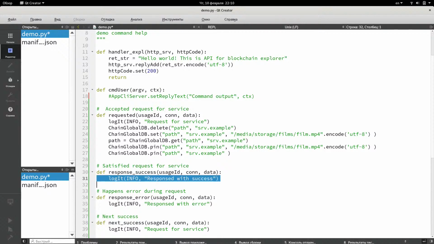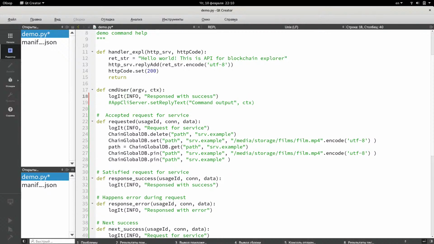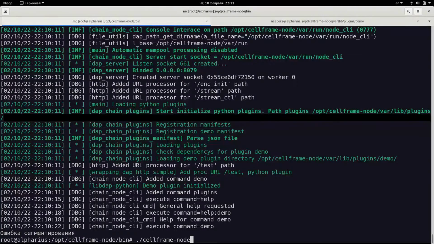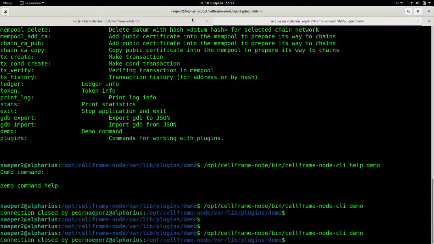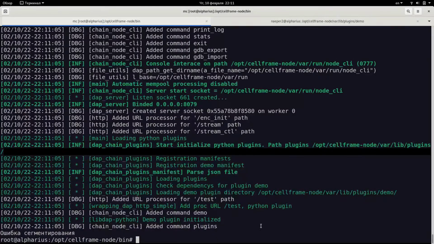I just want to see if it's totally broken, something in Node or not. Okay, we write demo. It's closed. Okay. One moment.